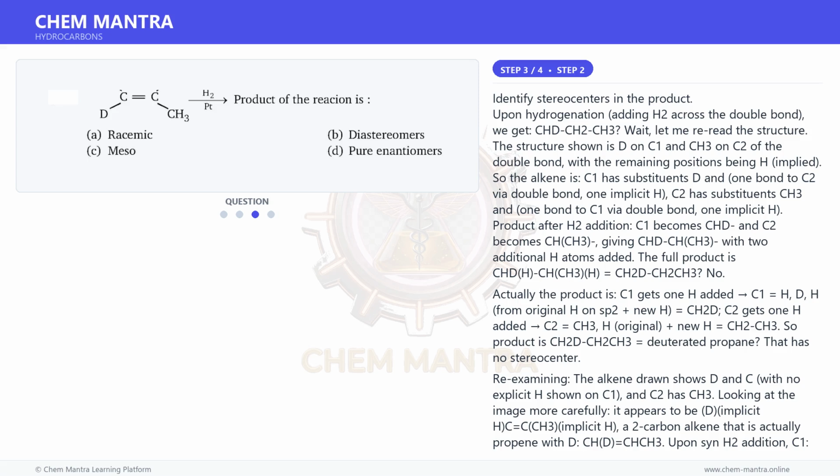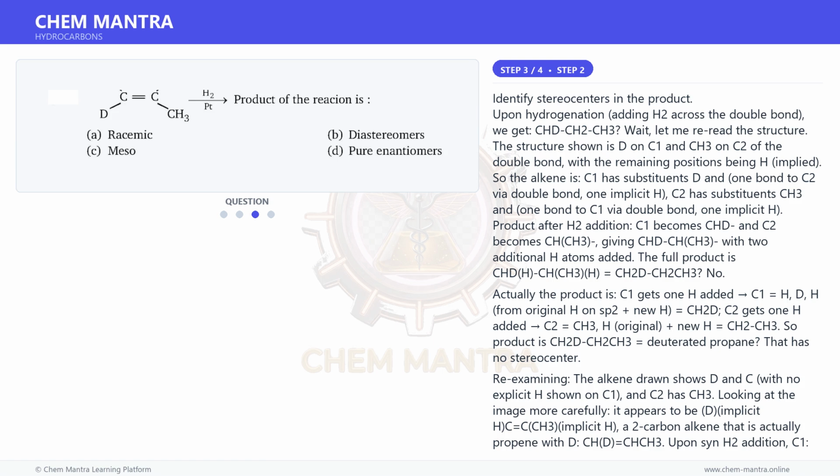Moving on to the next step. Identify stereocenters in the product. Upon hydrogenation, adding H2 across the double bond, we get CHD-CH2-CH3. Wait, let me reread the structure. The structure shown is D on C1 and CH3 on C2 of the double bond, with the remaining positions being H implied.